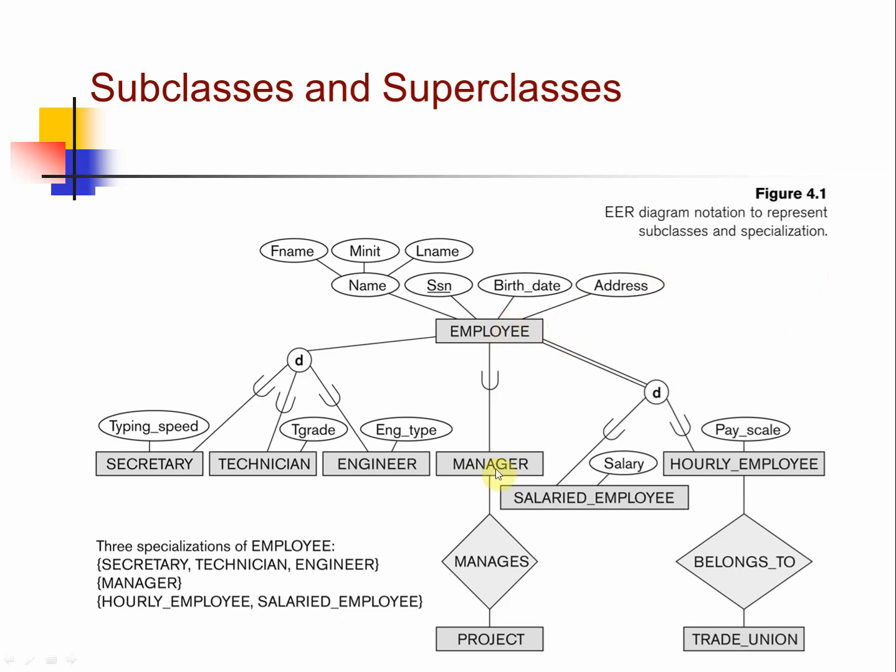If I'm asking you what are the relationships involving manager, then the imaginary one, the department one, will count because manager will inherit that one, plus the one that comes with the local relationship, which is the manager's project here. So there will be 2 relationships involving manager, assuming that we have one imaginary relationship in this ER diagram.